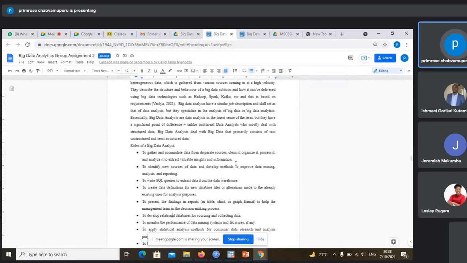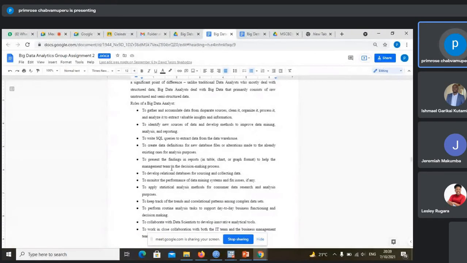Another role is to identify new sources of data and develop methods to improve data mining, analysis, and reporting. Another role is to write SQL queries to extract data from the data warehouse. Then to create data definitions for new database files or alterations made to existing ones for analysis purposes. Then another role is to present the findings in reports, that is in table, chart, or graph format, to help the management team in the decision-making process.